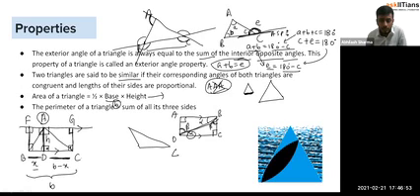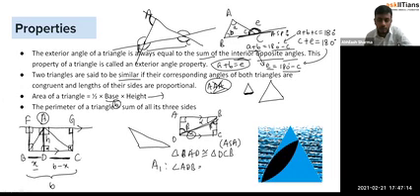Let me first write it. Triangle BAD is congruent to triangle DCB using the ASA congruence criterion. How? Look, first let us talk about an angle. Angle ADB should be equal to angle CBD. Actually, we have made a mistake, we should have written CBD, so the order of points is very important.